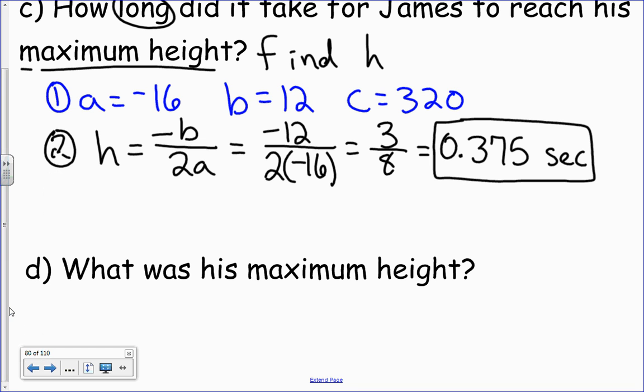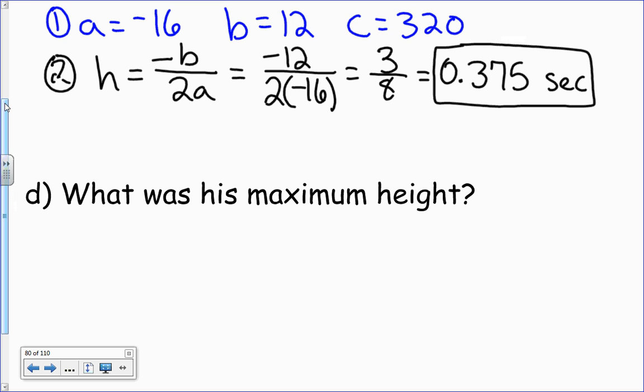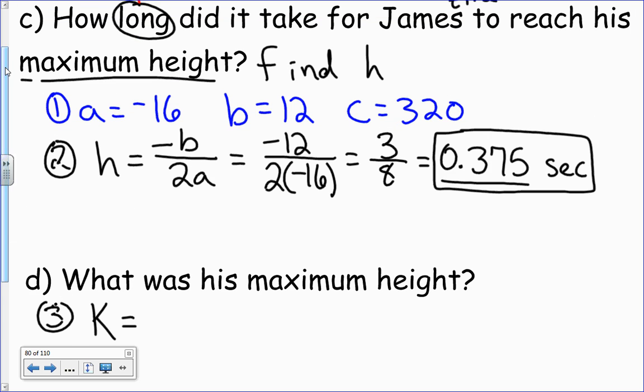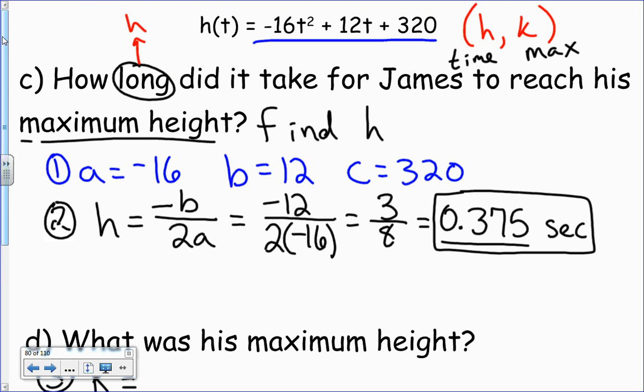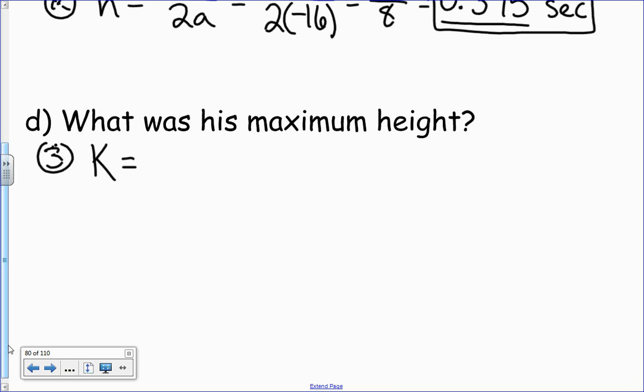So really, we have to do our third step from going from standard to vertex form. And if you remember, our third step was to find k. And in order to find k, we take h and we plug it back in. And in this case, we're going to take that h and plug it in for both of these t's. So, let's set that up.